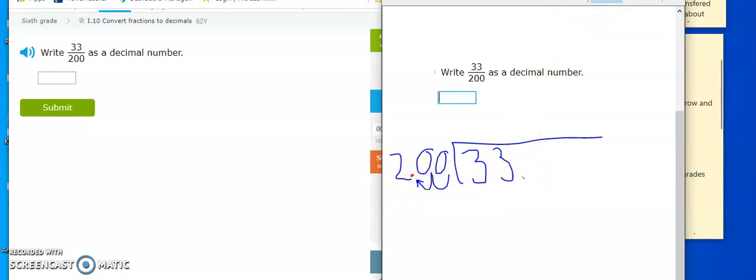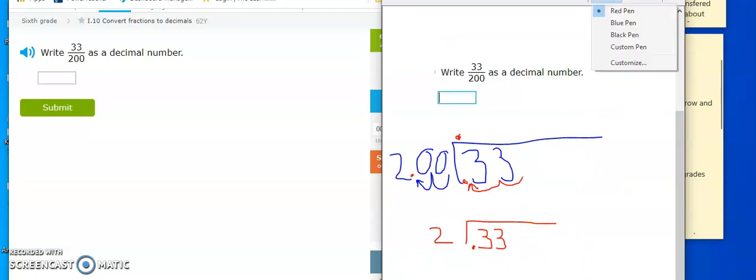The decimal point's originally here behind the 33, and I'm scooching it over 2 times to make it in front of the 0.33. So now it's like I'm dividing the number 0.33 by 2 instead of 33 by 200. This is the same problem. It's going to give me the exact same answer.